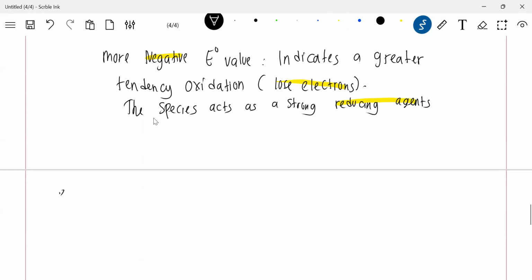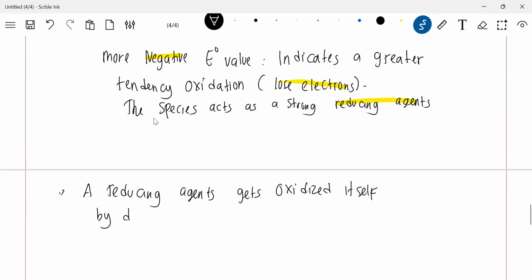What is a reducing agent versus an oxidizing agent? What are the differences, sir? A reducing agent gets oxidized itself by donating electrons.